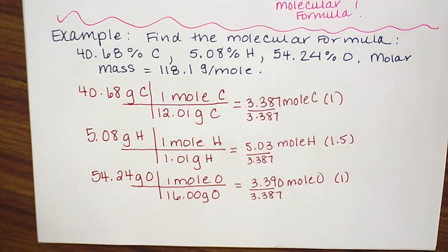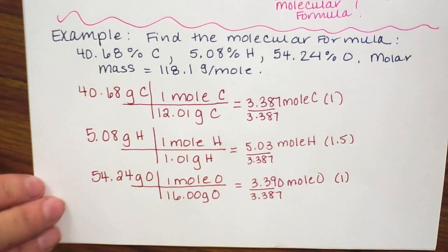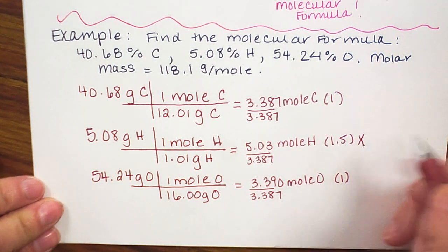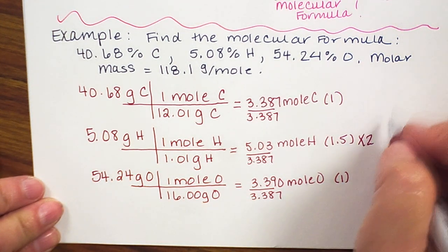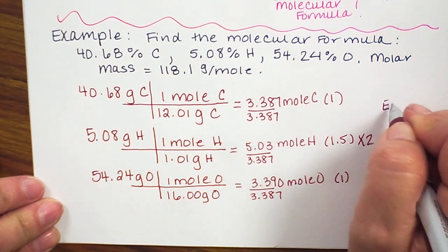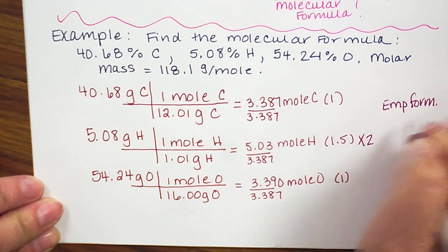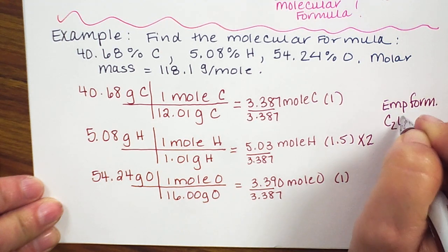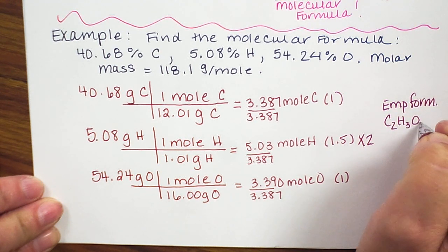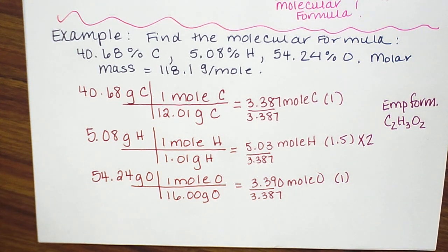This is where I ended up with my moles. Once I divided by my smallest number, I got 1, 1.5, and 1. So I'm going to multiply these by 2, and that's going to give me an empirical formula of C2H3O2. So far we haven't done anything that you don't already know how to do.